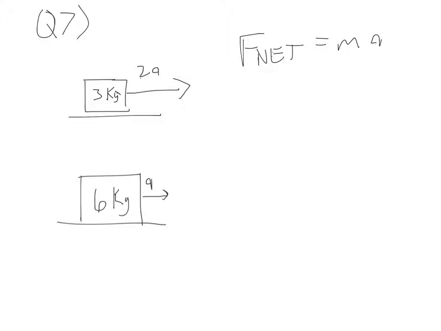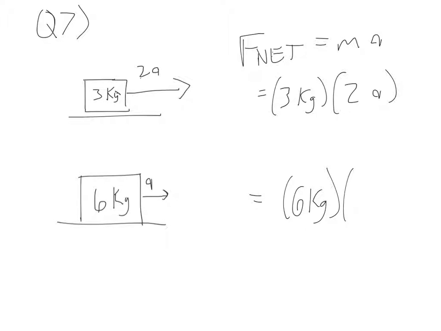Well, let's find out. So F net for the first block is m, which is 3 kilograms, multiplied by a, which is 2 times a. And then the net force for the second block is m, which is 6 kilograms, multiplied by the acceleration, which is a.